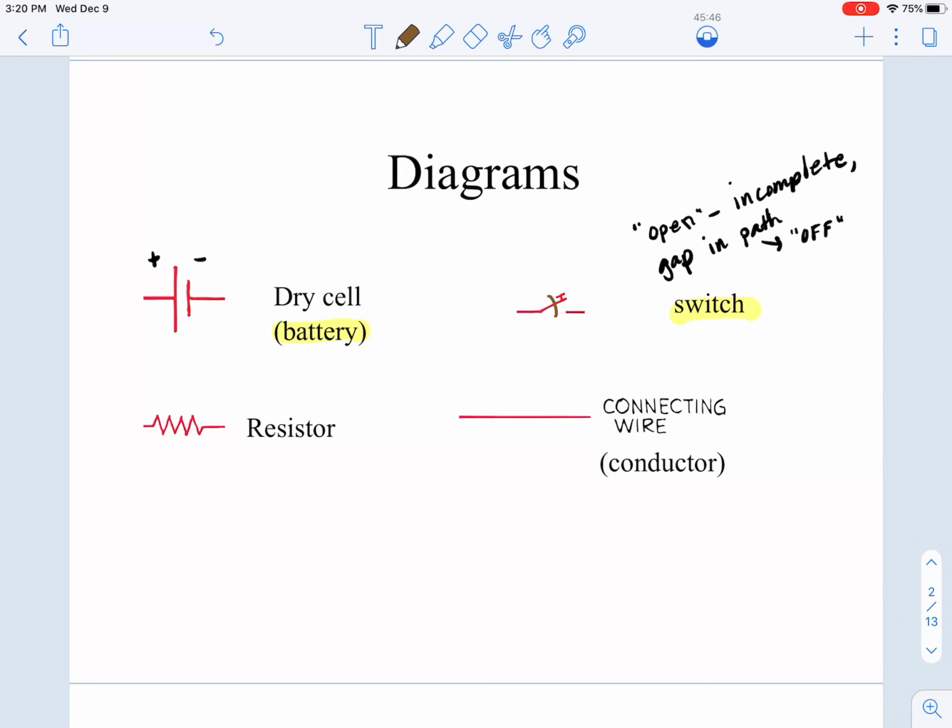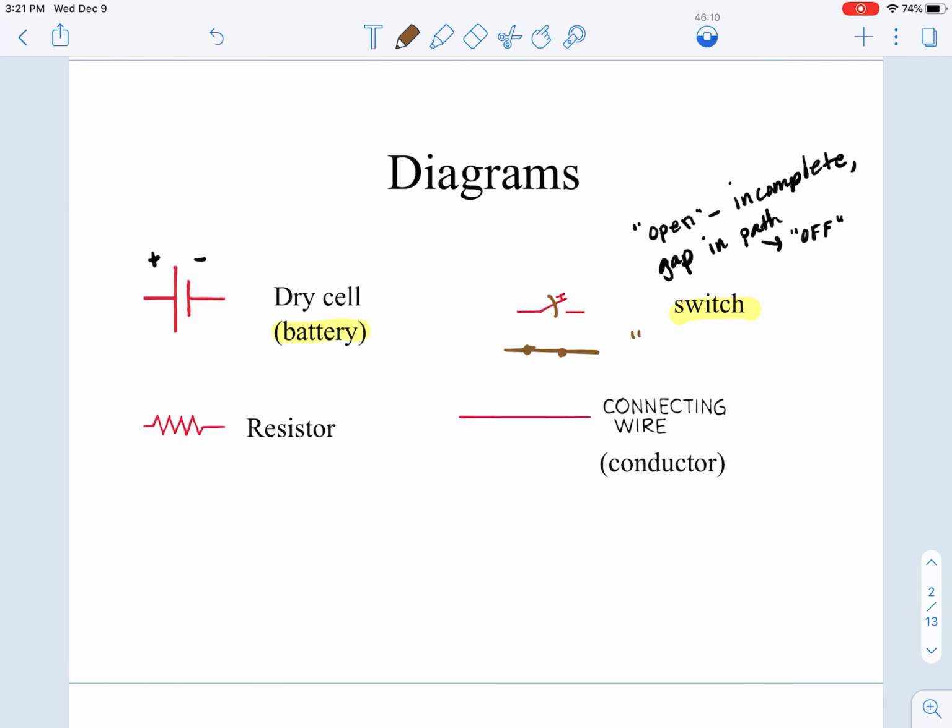Now, if we wanted to illustrate that the circuit is closed, we could either take this wire and put that little line through it, which shows that we are pulling it down or closing it, or perhaps we have some sort of symbol where the switch would be open here, and then maybe they drew it so that the switch was closed, which you may not even recognize that a switch is present because it'll just look like it's part of the wire, right? And that's kind of the idea.